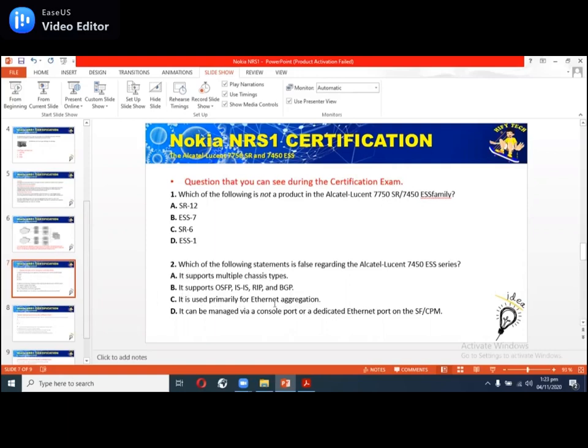It is used primarily for Ethernet aggregation. This is true also. It can be managed by console. This is true also. It supports OSPF and IS-IS. So this is false, because it's only for Ethernet aggregation. Protocols like BGP are not supported. So B is the answer.